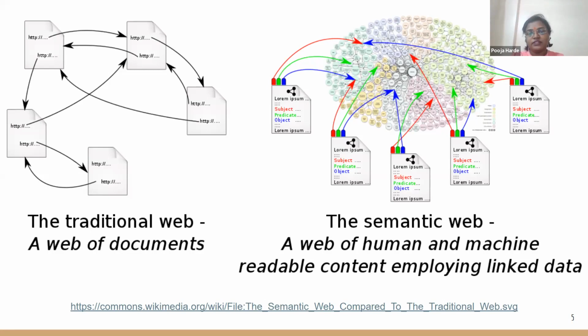As the picture says, on the left-hand side the documents are interconnected, but on the right-hand side we have a kind of web where the documents have three particular entities: the subject, predicate, and object.